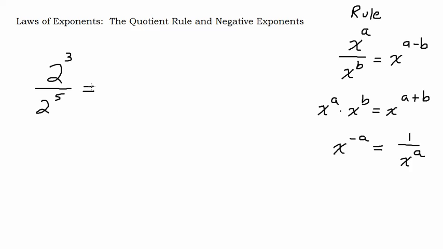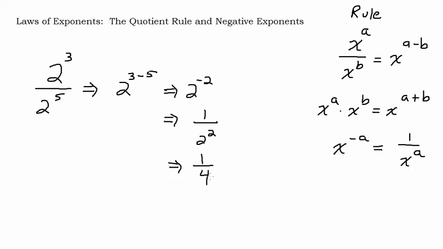So if I use my rule, I have 2 to the 3 minus 5, which is 2 to the negative 2. Now by this rule down here, 2 to the negative 2 means 1 over 2 squared, which is 1 over 4.